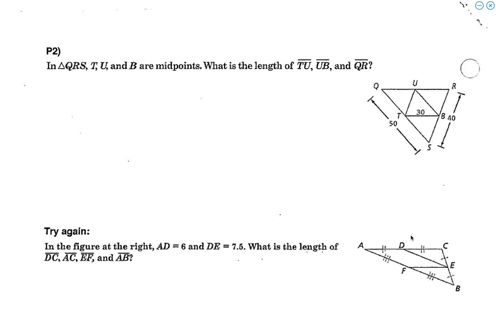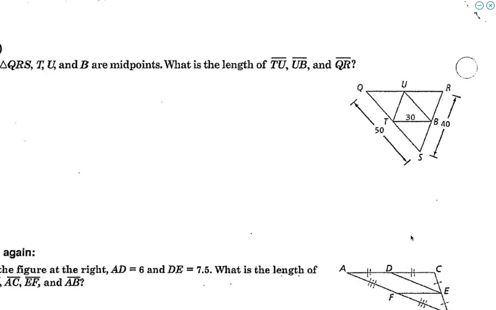In triangle QRS, T, U, and B are midpoints, so it's really setting up the hypothesis of theorem 5.1. What is the length of TU? So TU is the mid-segment compared to RS. So we would say that TU equals 1/2 of RS.